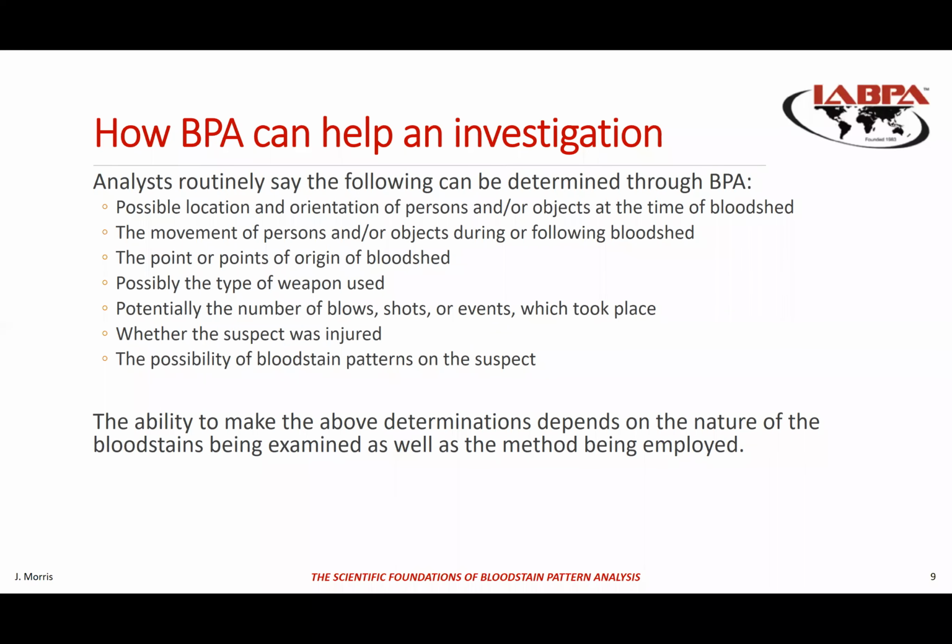And even though BPA can provide these types of conclusions, my ability to provide any of these conclusions is entirely dependent upon the quality and the quantity of the bloodstains present at the scene. There have been scenes where I walk in and I simply cannot provide a lot of information because there's not a lot of bloodstains present, or the quality of those bloodstains is not sufficient to tell a significant portion of the story.